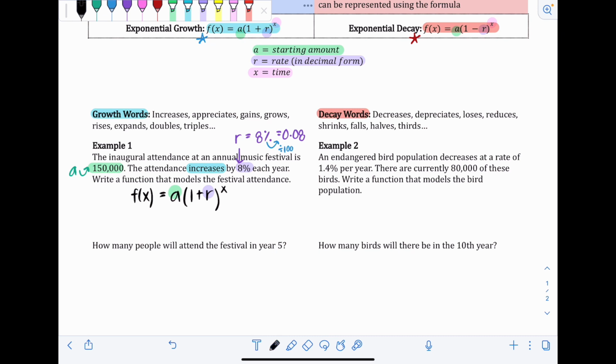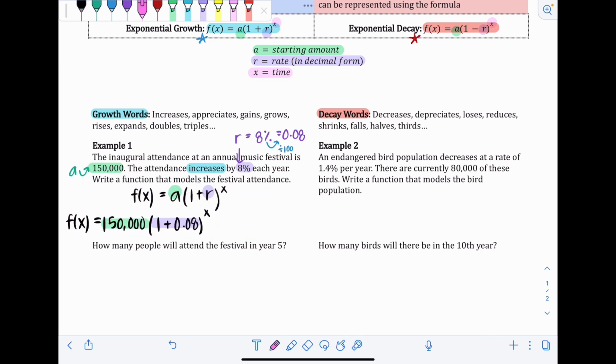Okay, so we'll do f of x equals, instead of a, I'm going to put in the 150,000. And then times 1 plus r, but r is going to be 0.08, so 1 plus 0.08 to the x. And then we always just want to leave our formulas in their most simplified form, or as simplified as we can get them.